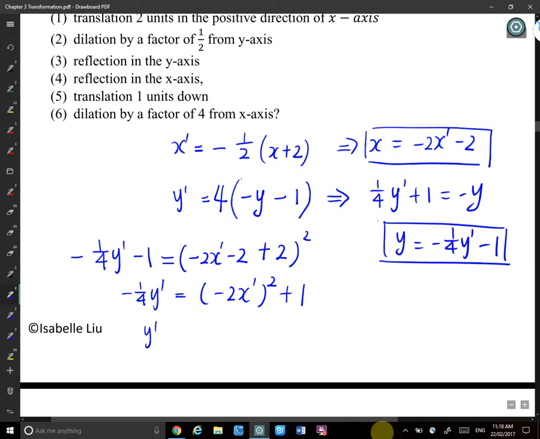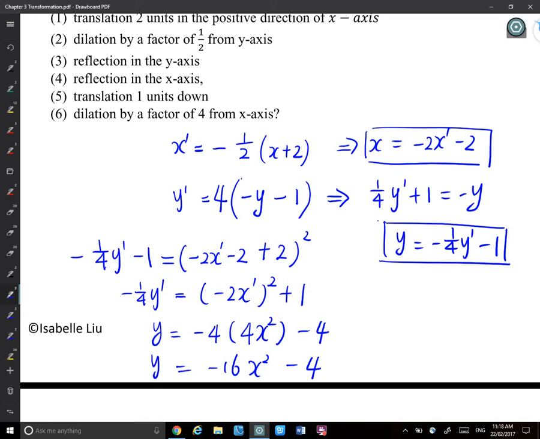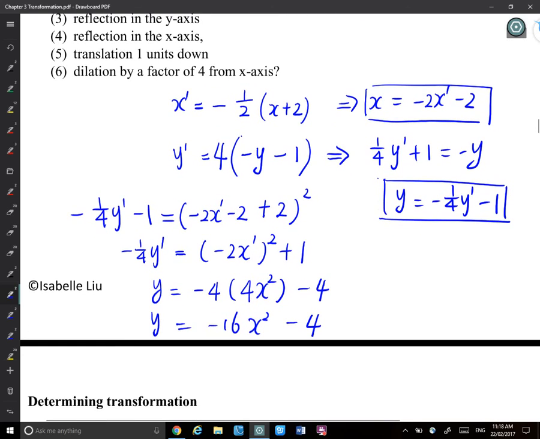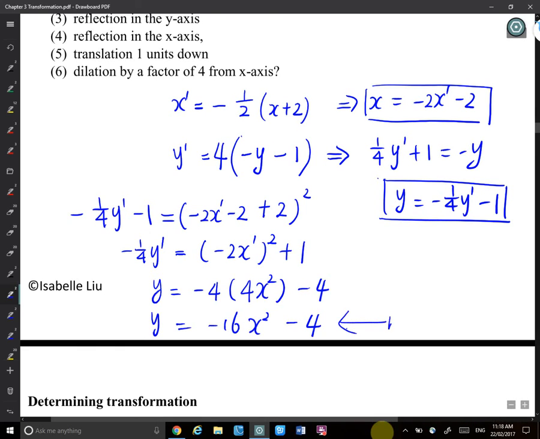And then y dash will be negative 4, bracket 4x squared. Okay, 4x squared. And then you times that by minus 4 and subtract 4. So y will be negative 16x squared subtract 4. Okay, that's the resultant function.